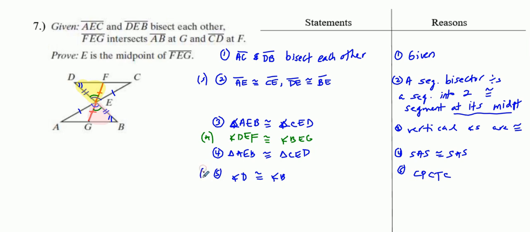And that's another pair of angles in the yellow and the pink triangles, allowing me to show that they're congruent by angle side angle. So that would be triangles DEF and triangle BEG. And again, that's angle side angle.